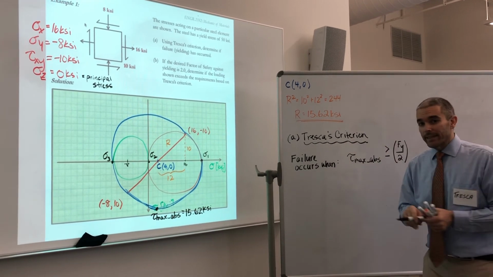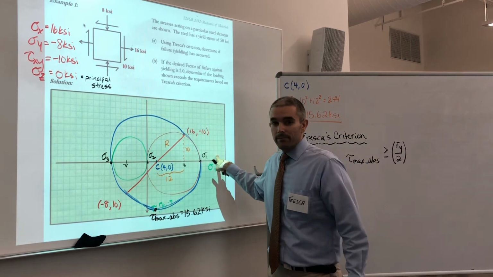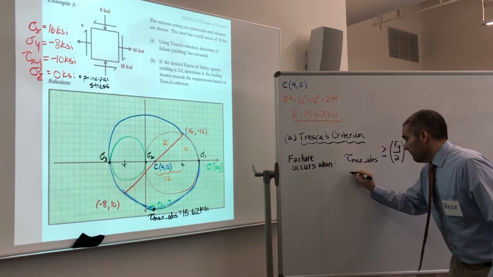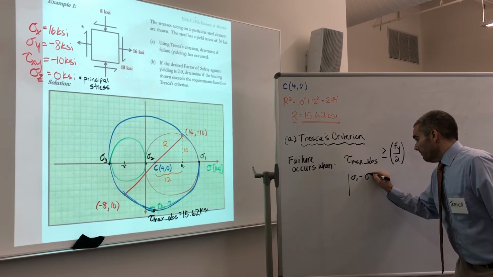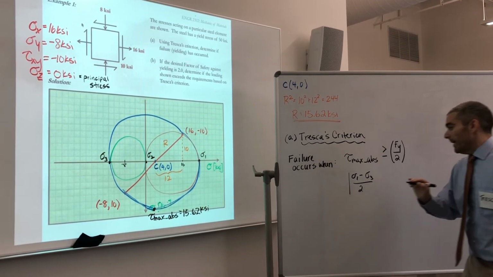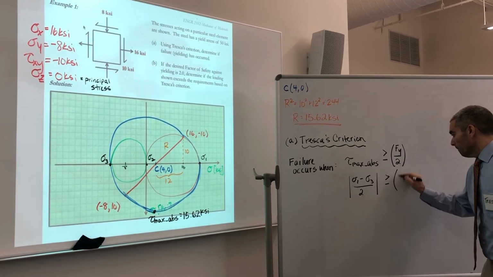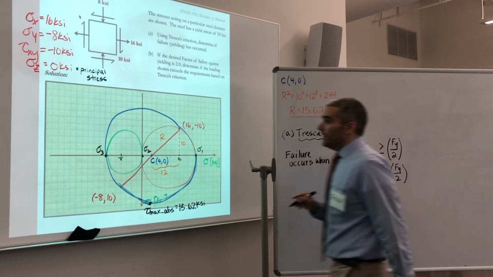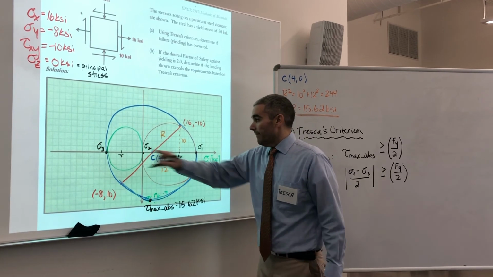But other people like to have this as an equation in terms of the highest principal stress and the lowest principal stress. So we could also have got here by taking sigma 1 minus sigma 3, dividing it by 2. And just to show you that we can do that, let's solve for sigma 1 and sigma 3.